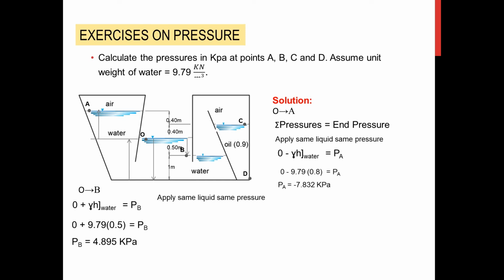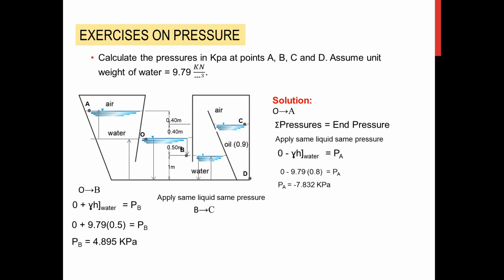Again, apply same liquid, same pressure. We are now going downwards and going upwards. That will just cancel. So at that level, pressure B will be utilized.